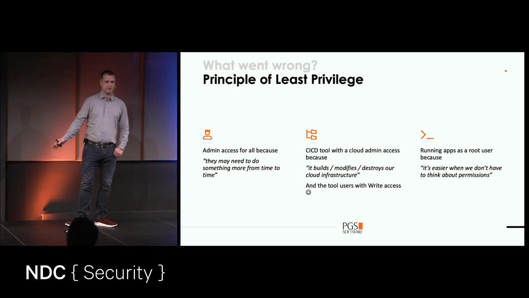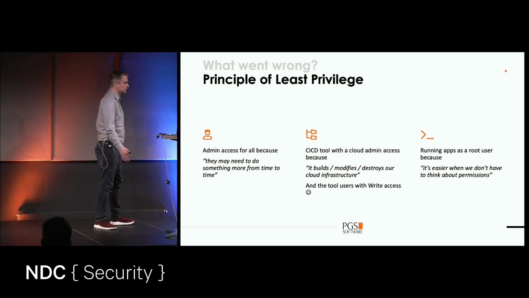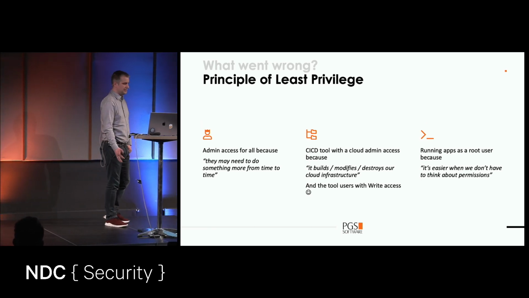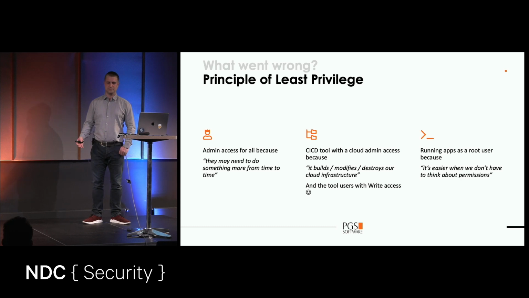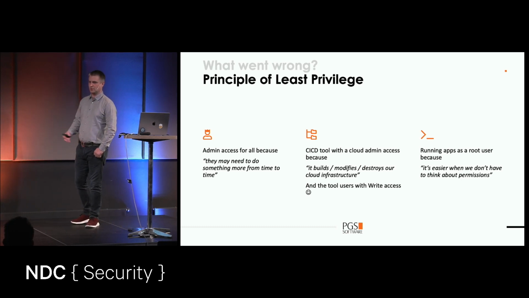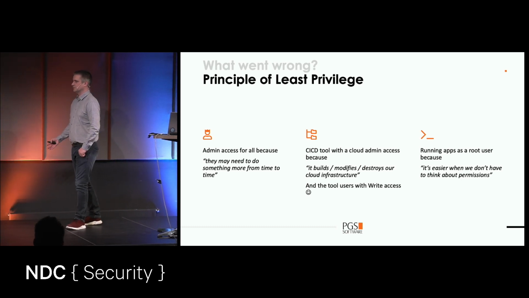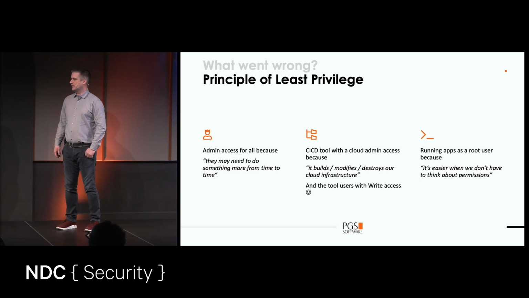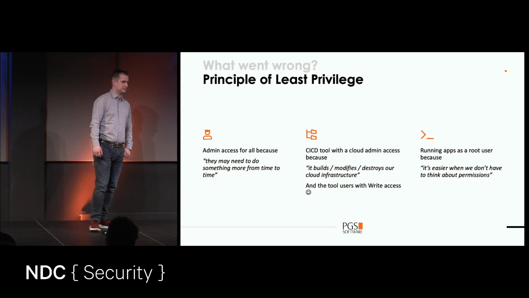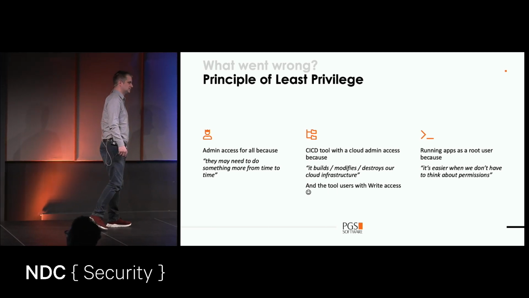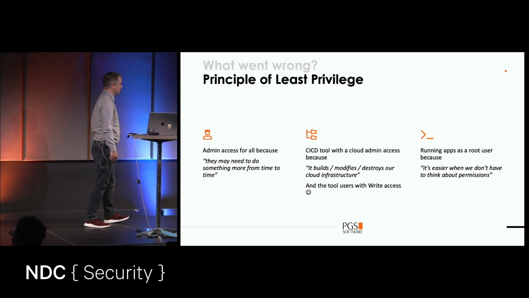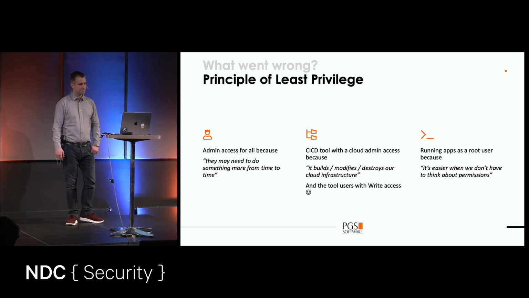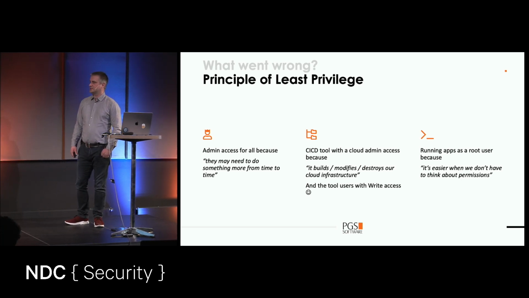Every single developer is admin in our tools because maybe one day they will need to do something more than what they usually do. So let's give them admin access for everything because then they will not need to contact us for higher permissions.